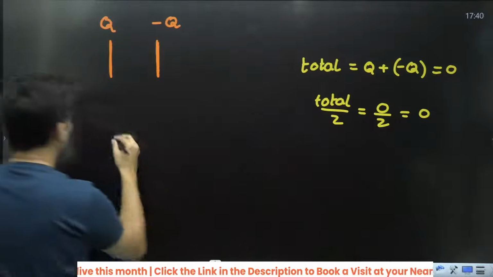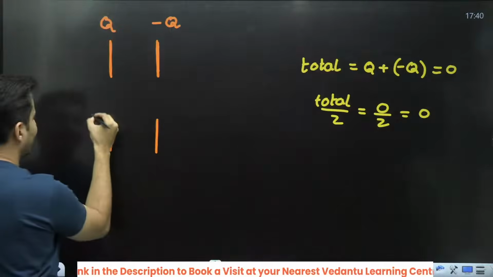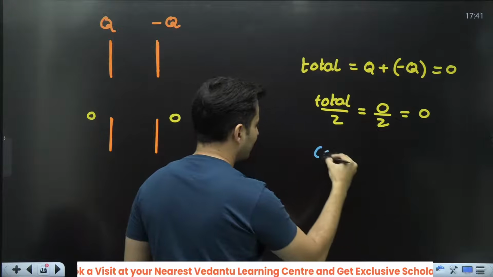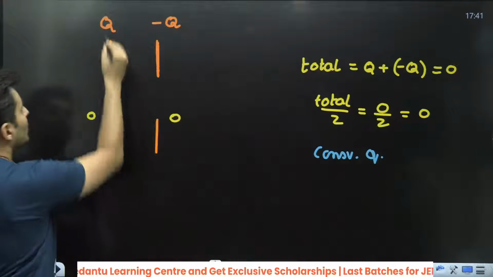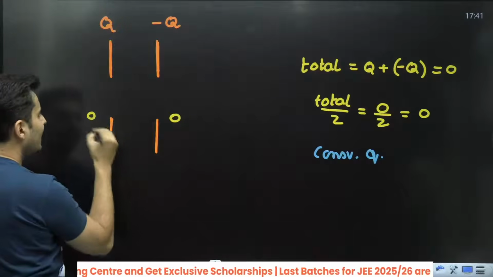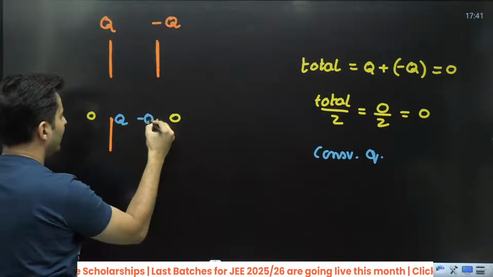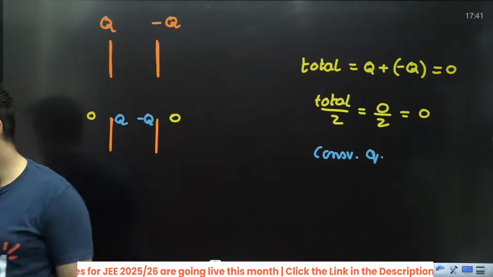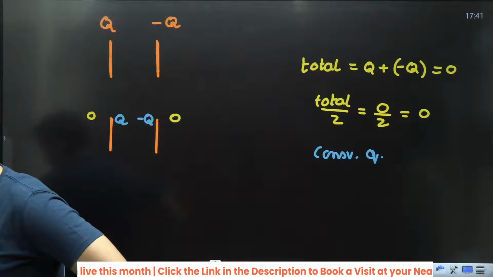Hence, there is no charge at all outside. Now conserve the charge. Nothing was there outside, so the entire charge will be here. So Q and minus Q, as simple as that. Does that make sense now?